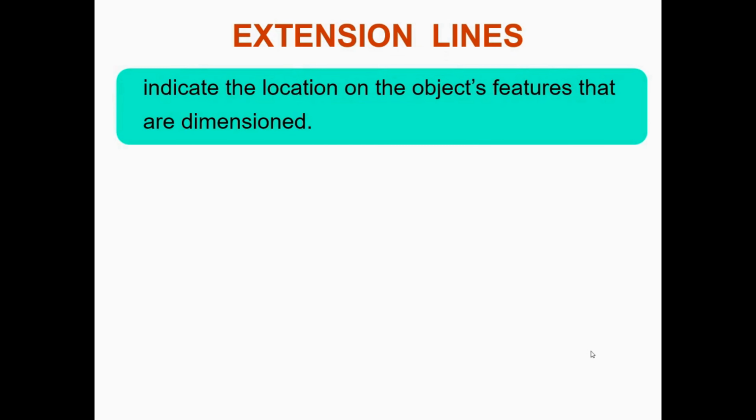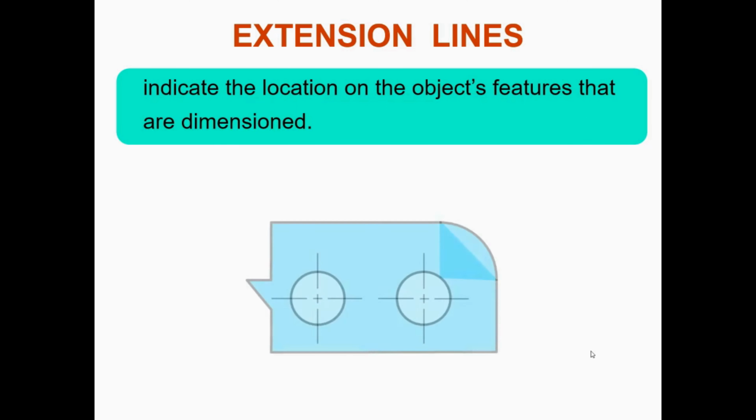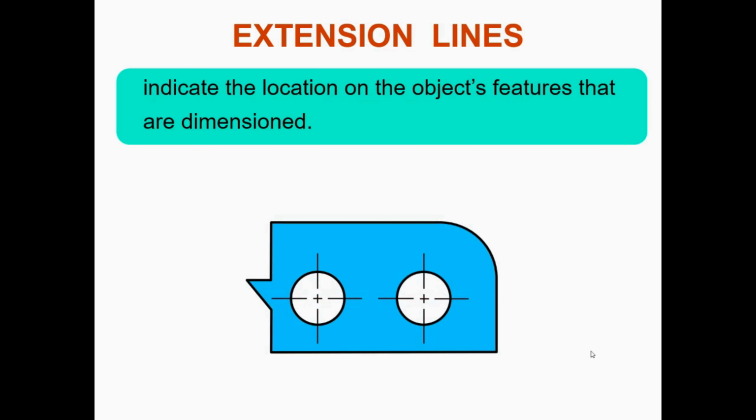Let's look at extension lines. Extension lines indicate the location of the object features that are dimensioned. Let's look at this particular sketch. When we refer to extension line, what are we talking about? Those two lines that came out of the object are referred to as the extension lines. Sometimes you can have the extension line in this orientation.